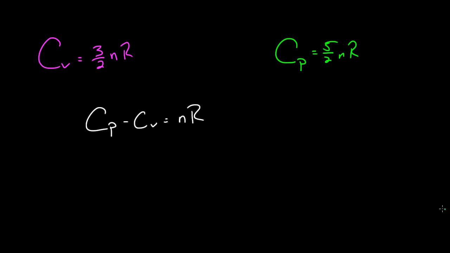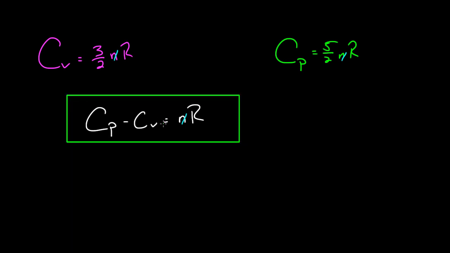And if you wanted to take the difference between the molar heat capacities at constant pressure and volume, it would just be R. The difference would just be R because everything would get divided by the number of moles. So there's an important relationship that tells you the difference between the heat capacity at constant pressure and the heat capacity at constant volume.